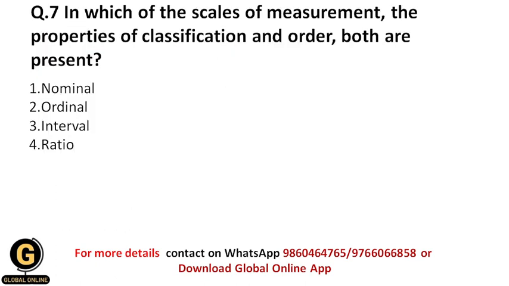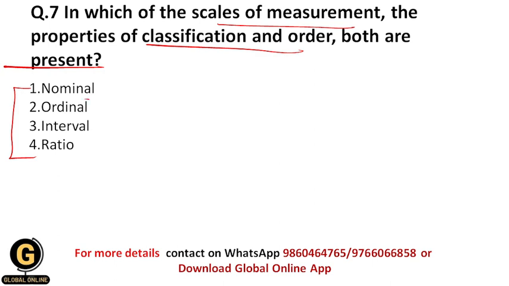Next, in which of the scales of measurement are the properties of classification and order both present? Now here again they have given you 4 types of scales of measurement, and from these, only one has the properties of classification and order both.